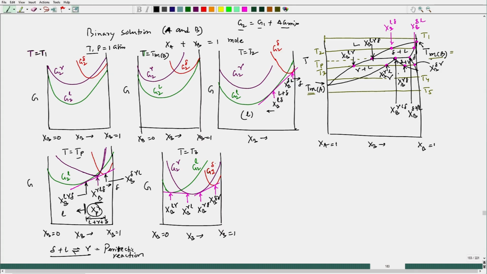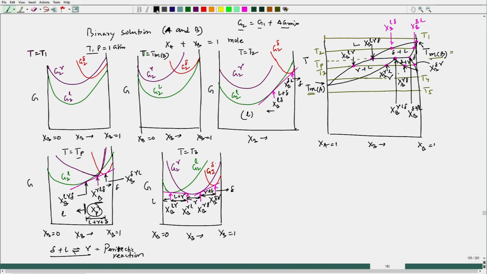Exactly we see that situation on the phase diagram, and accordingly you can decide at T2 what will be the phase boundaries and phase regions. Fine. In fact, now we have this, between these two we have gamma, and here we have gamma plus delta, and in this zone we have liquid plus gamma, and here we have liquid, and on this right side we have delta. Exactly same phases are appearing there.